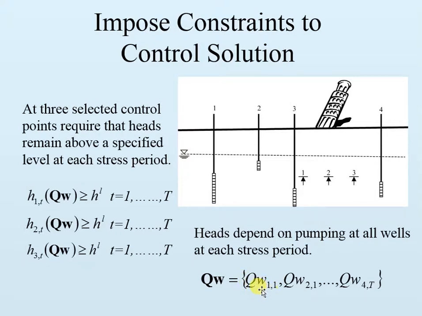So for example, if this is a 1-year period and I have monthly stress periods over a year, 12 stress periods, then I would have 4 times 12, 48 decision variables, and 3 times 12, 36 constraints on the problem.